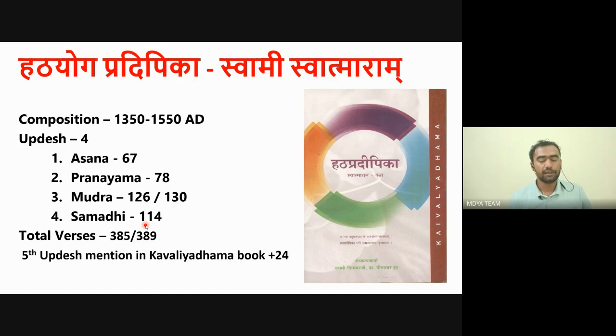In the Kaivalyadhama text you will also see a fifth upadesh. It mentions what to do if we made a mistake in practice, the solution for that, with 24 verses about vata, pitta, kapha and how to treat our body.